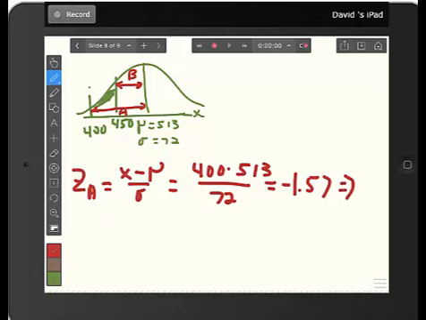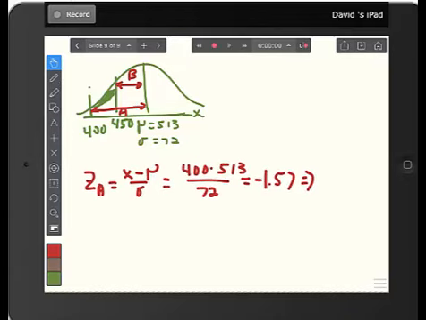If we look up the area for that in our z-table, we will find 0.4418.